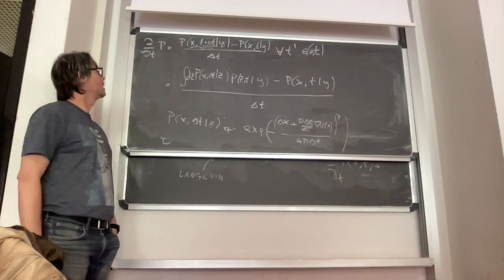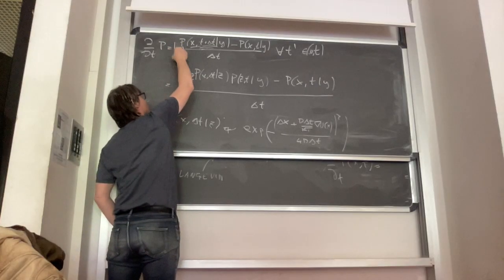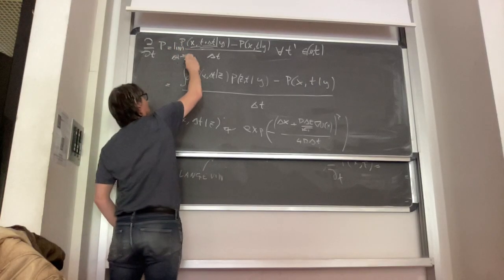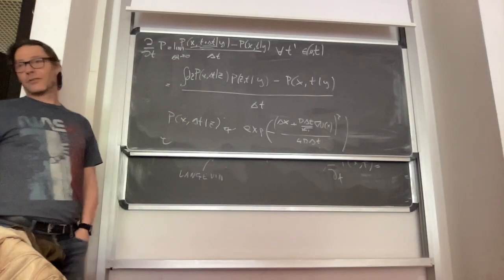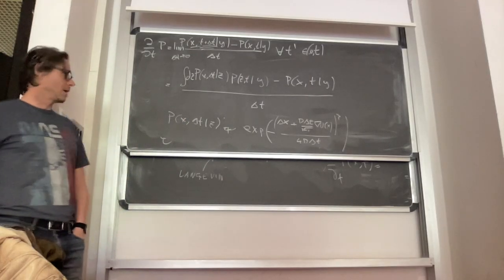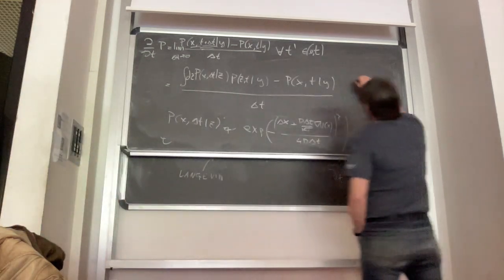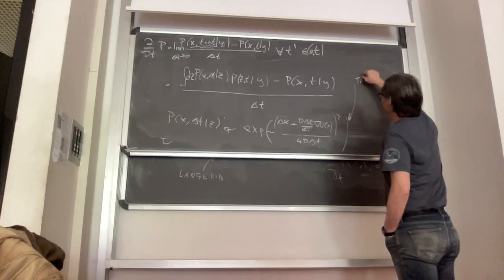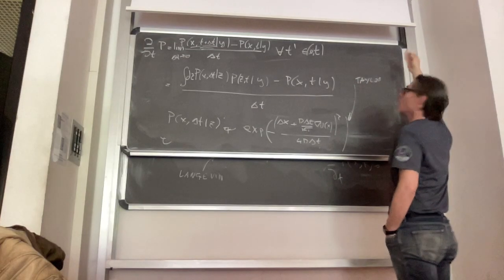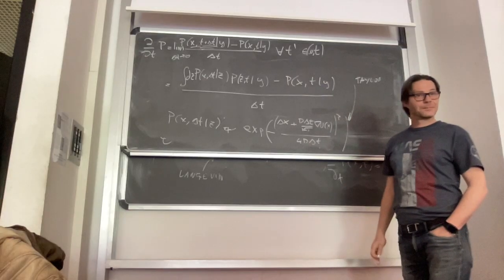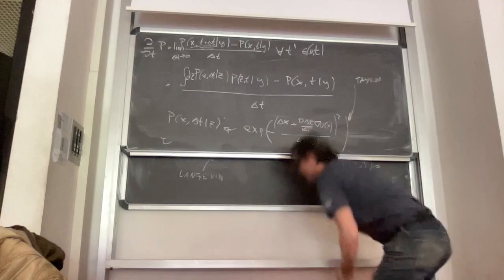But now I recall that the derivative is the small delta t limit, right? Which in our case we know is take it as small as possible, consistent with the underlying Markovianity and overdamped limit. But all of a sudden, I can Taylor expand this. I can use small delta t limits to evaluate this.